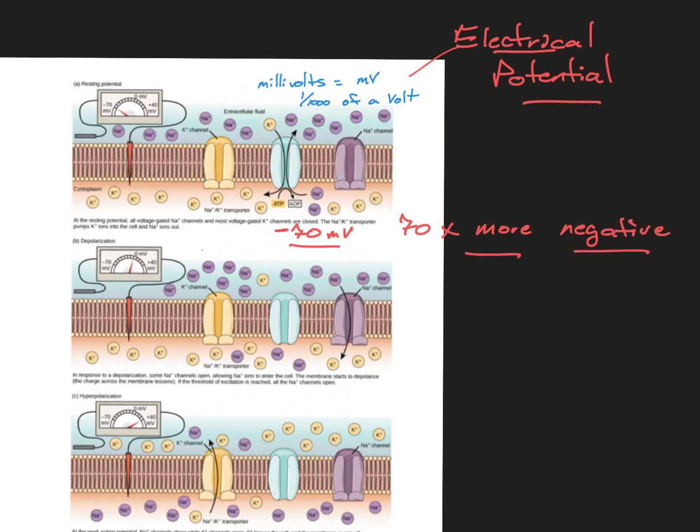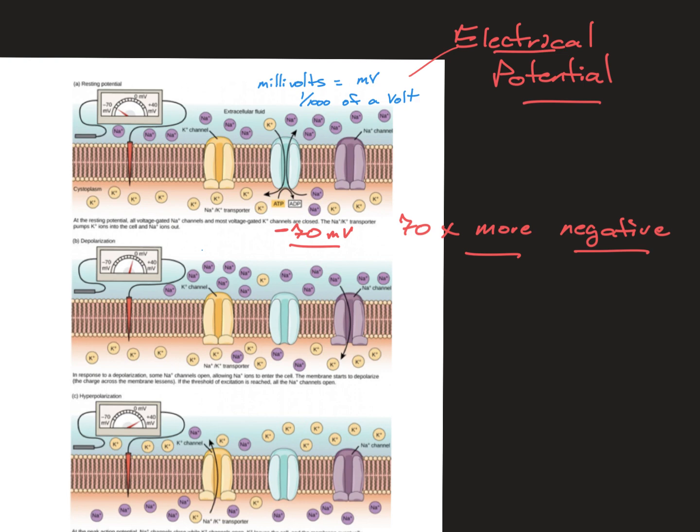That's what negative 70 millivolts means. That means there could be flow, but you need to have a channel to allow the flow to happen.